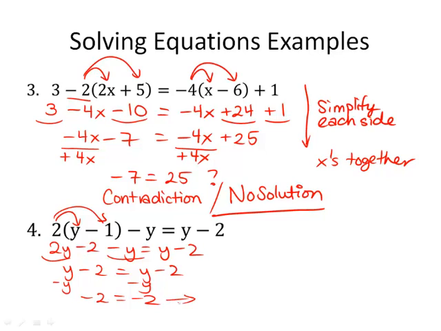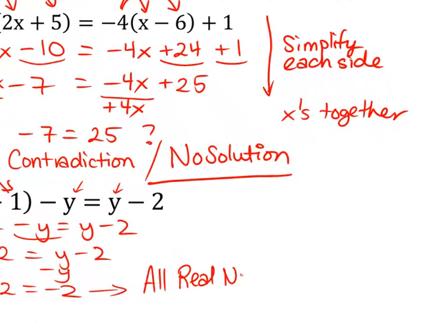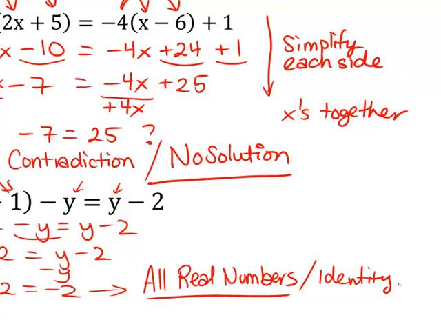Well, that's a true statement. What that means is no matter what you put into those y's, it doesn't matter. It's always going to be true because they're always going to cancel out. So if it's always true, your solutions are all real numbers. You could also state identity if you like.